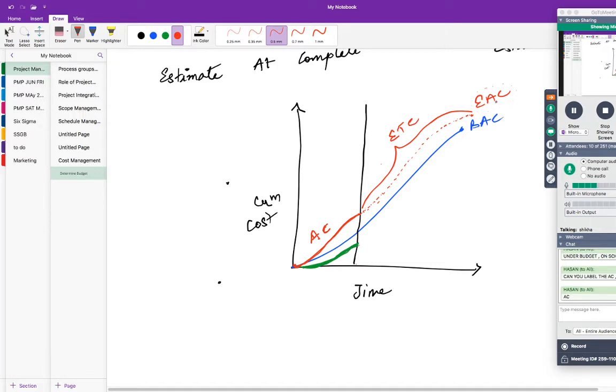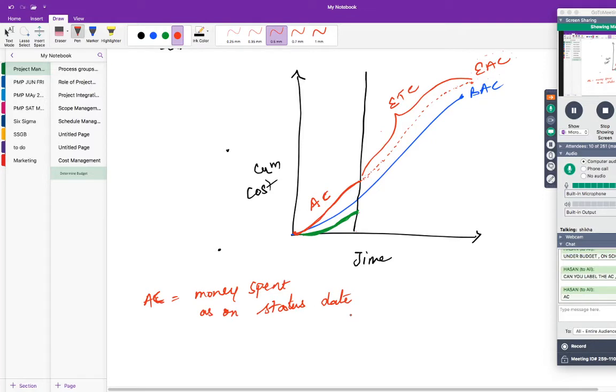You get that? So what is AC? AC means money spent as of now, as on the status date. You have not completed your project yet, correct? You are measuring on a particular date. Whereas ETC is the forecasted money.